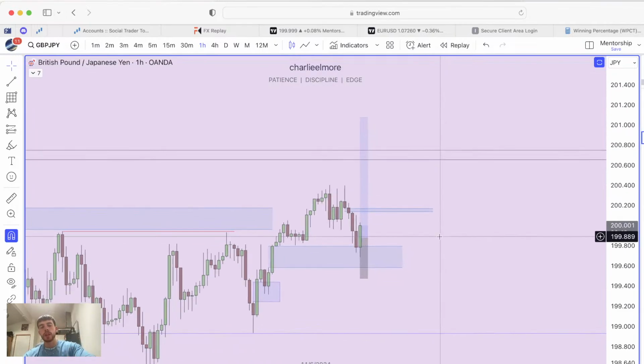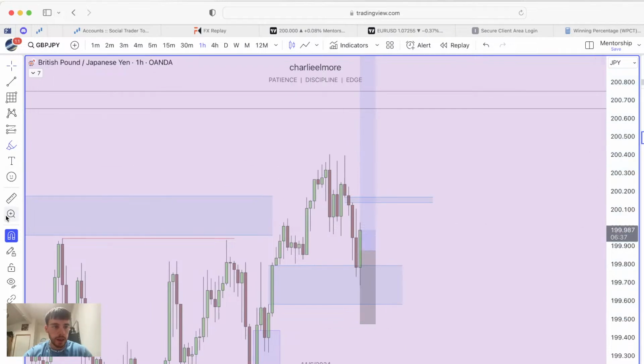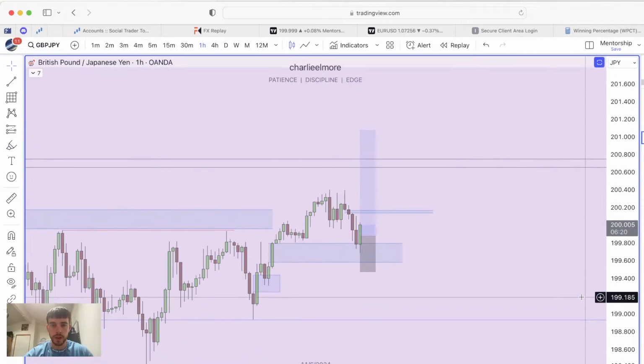If this was a new session, say if we were just entering London session right now, then I'd be looking at shorting from here. But because we're now coming to the end of the day, this might be mitigated through Asia session, at which point I'm not interested at all because that's not my trading hours. So therefore we could take the high and continue with that bullish play. There's a couple of things outlined in what could happen right there.